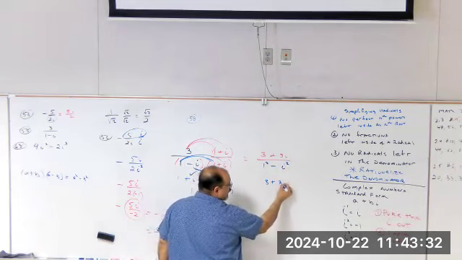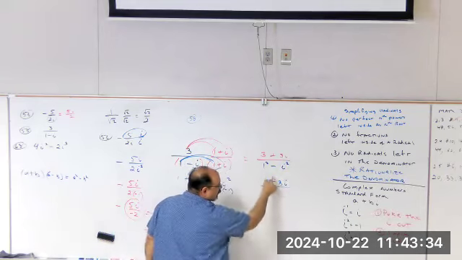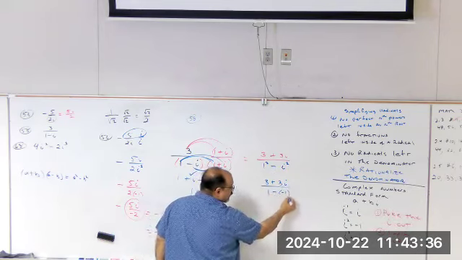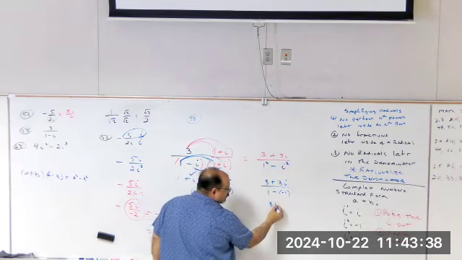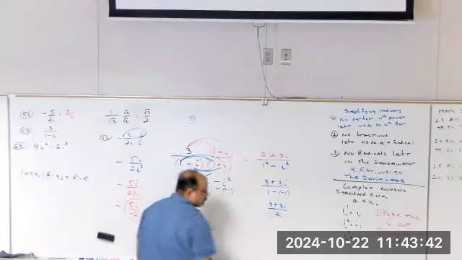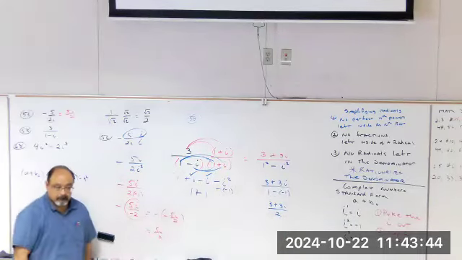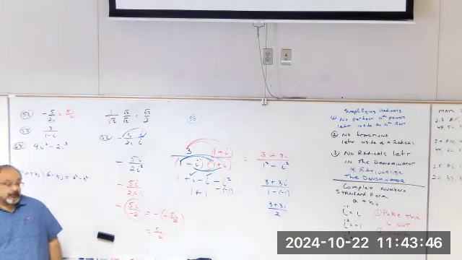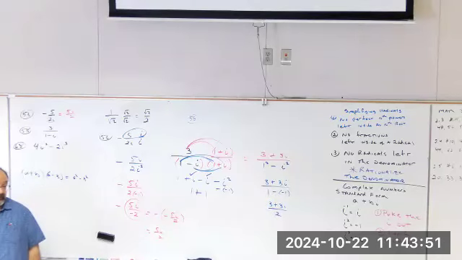So 3 plus 3i, all over 1 minus negative 1. So 3 plus 3i over 1 plus 1, which is a 2. Simplify it if it can simplify. If you can't simplify it, you're done. That won't simplify. That's a done deal.